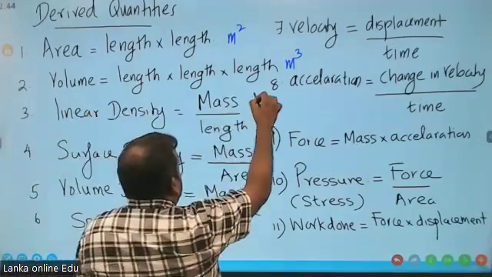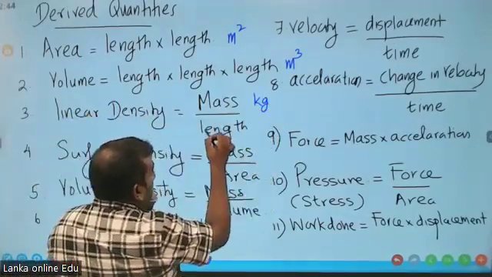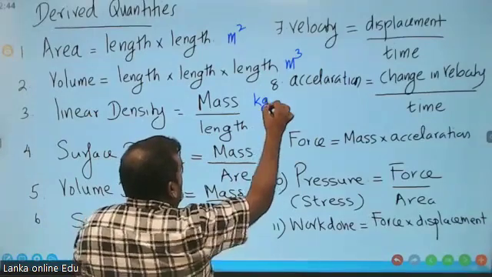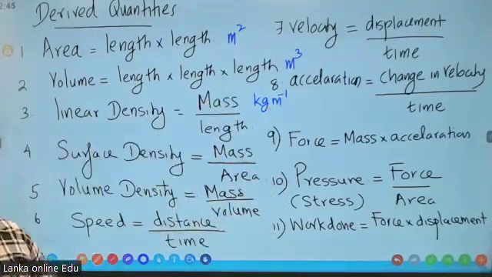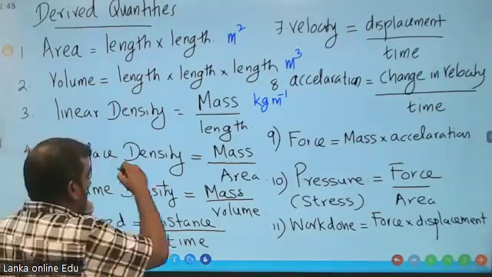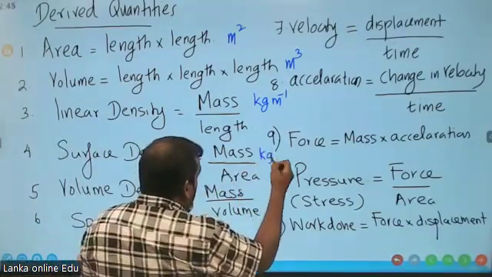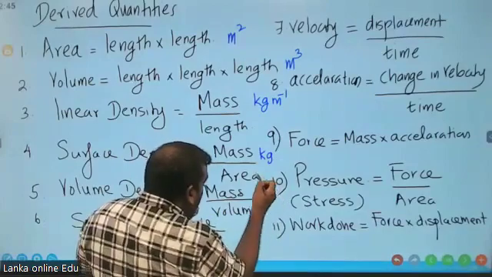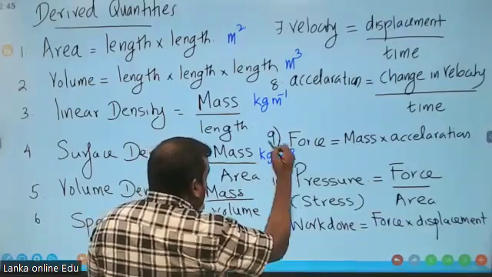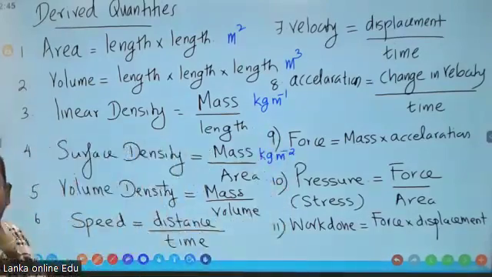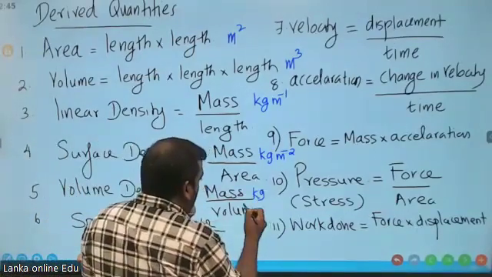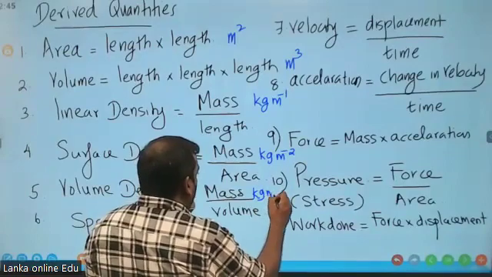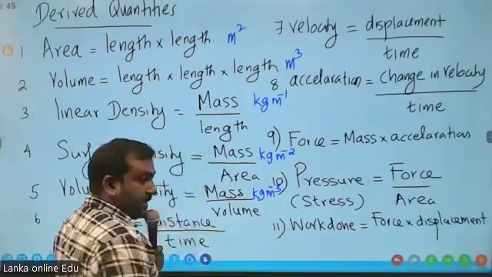Linear density, mass in kilogram divided by meter, take on top m-1. Surface density, kilogram divided by meter squared, take on top m-2. Volume density, kilogram divided by meter cube, take on top kg m-3.